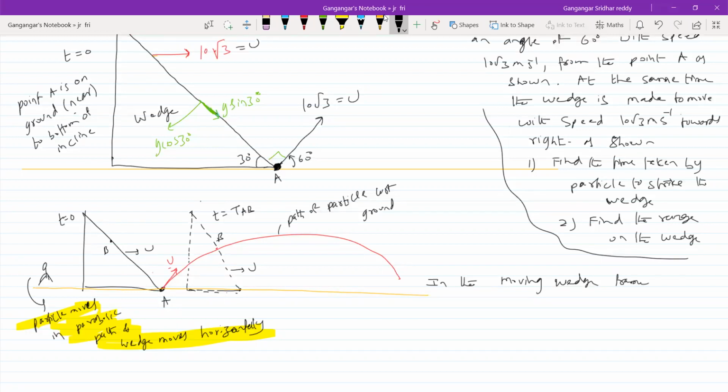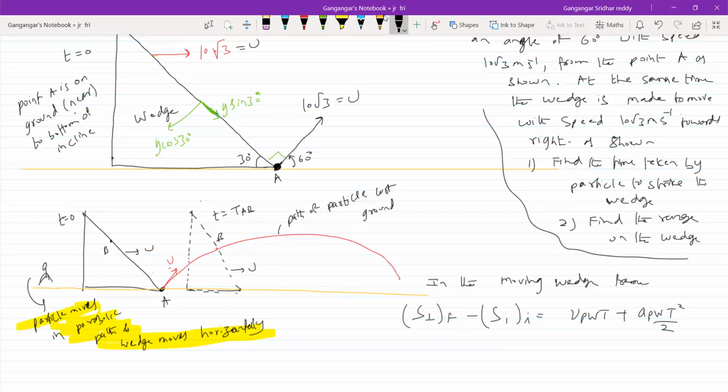So what is the displacement perpendicular to the incline? Final separation minus initial separation is equal to velocity of particle with respect to wedge times t plus acceleration of particle with respect to wedge t square by 2.